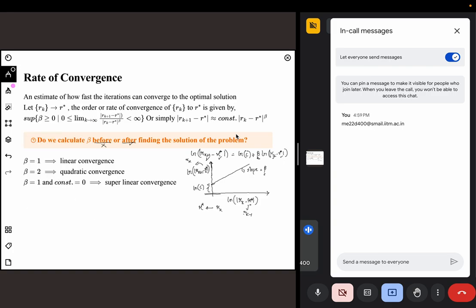Now, let's say beta equals 2 is quadratic convergence. If it is a quadratic convergence, does it mean it is also linear?